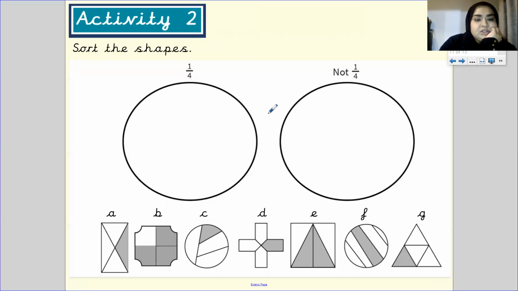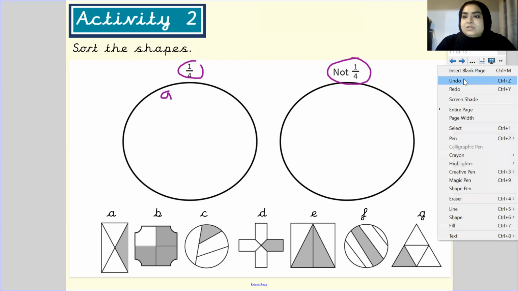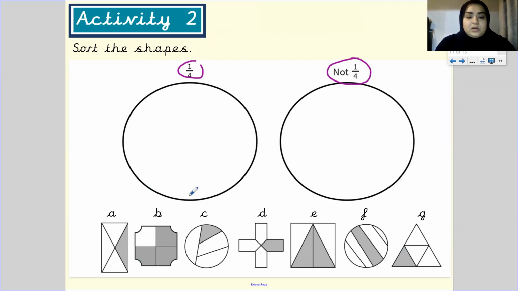Activity number 2 says sort the shapes. So you have a selection of shapes down here and you need to sort them between 1/4 and not 1/4. So for example, A is not 1/4 because it's not equal parts.